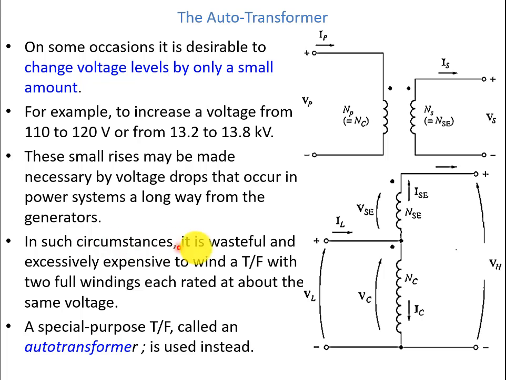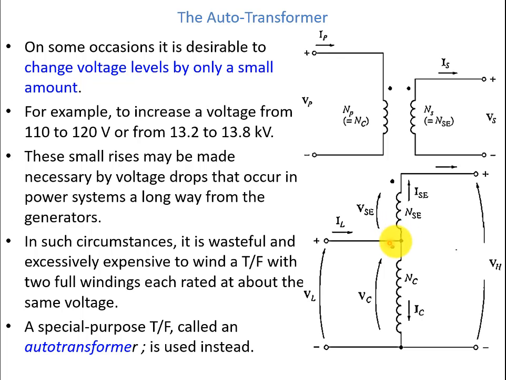In such circumstances, it is wasteful and excessively expensive to wind a transformer with two full windings, each rated at about the same voltage. So a special purpose transformer called an autotransformer is used instead. In an autotransformer we have only one winding, and this tap is movable, so it can be adjusted over this winding to any point until we reach the required voltage.